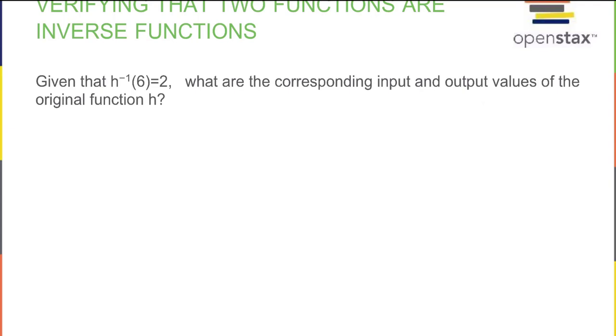Okay, so we have h inverse of 6 equals 2. So if we're going backwards to the regular function h, then we're just going to flip-flop the x and the y. So the function h at 2 equals 6. So just switch the x and the y's.